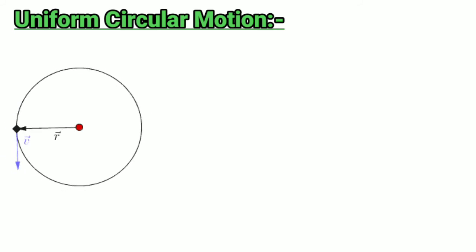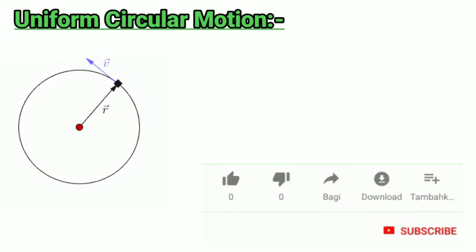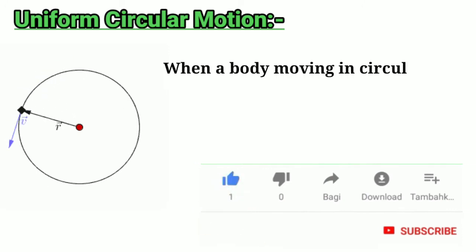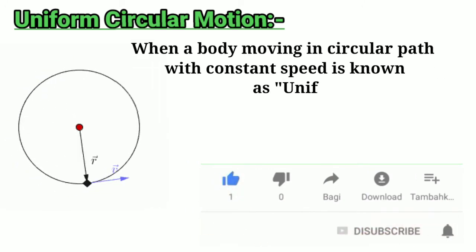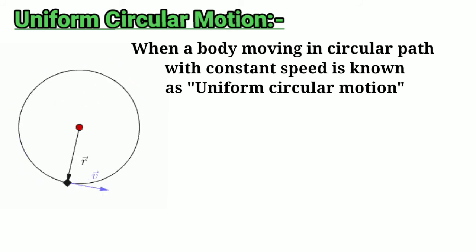The second example we discussed for accelerated motion is known as uniform circular motion. Let us discuss in detail. A body moving in a circular path with constant speed is known as uniform circular motion. In uniform circular motion, you can observe two things.